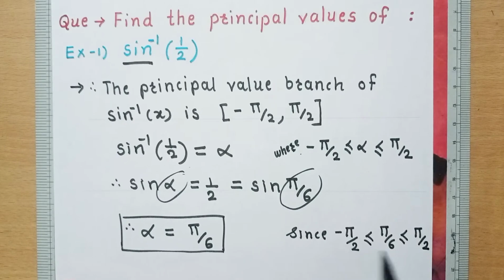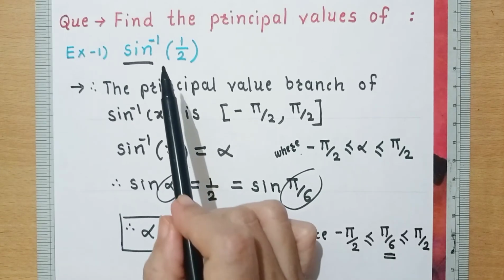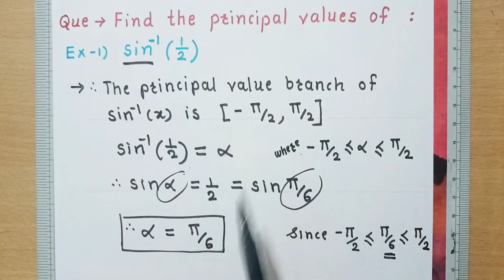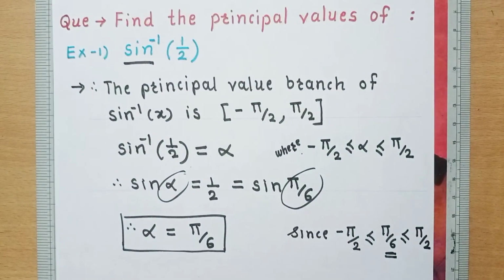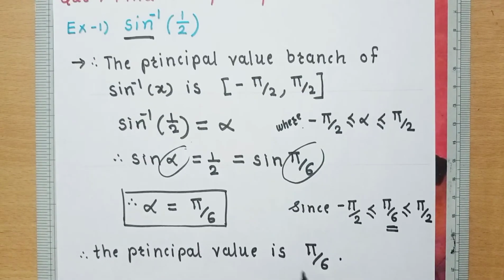I have written here that this pi by 6 lies between minus pi by 2 to plus pi by 2, and therefore the principal value of sine inverse of half is pi by 6. Very simple, and you have to solve the next examples the same way.